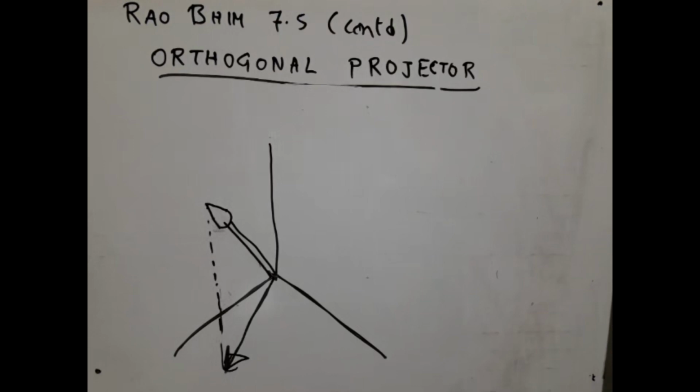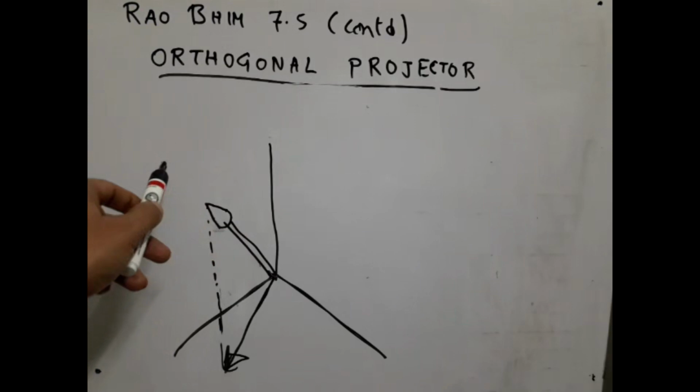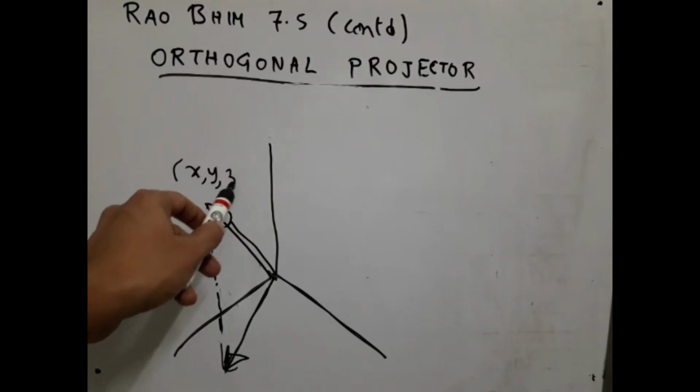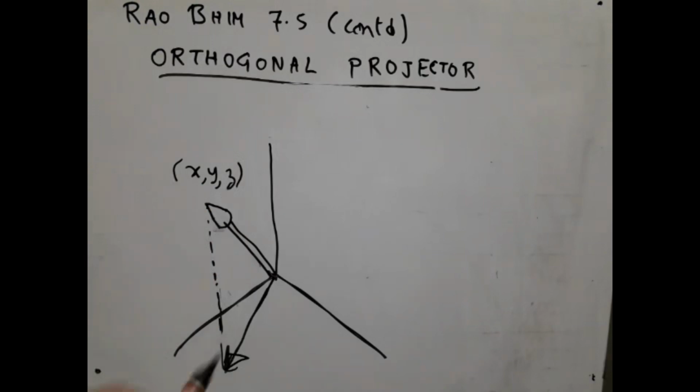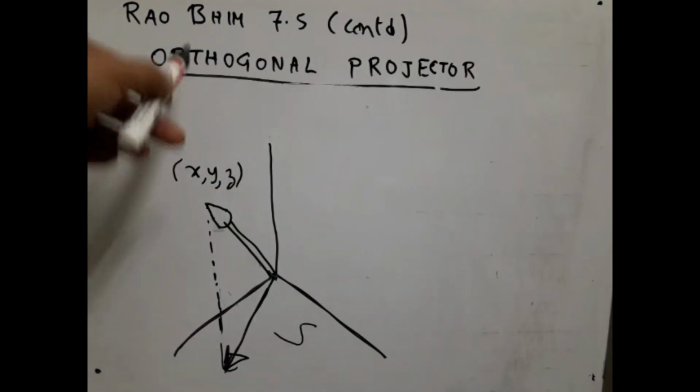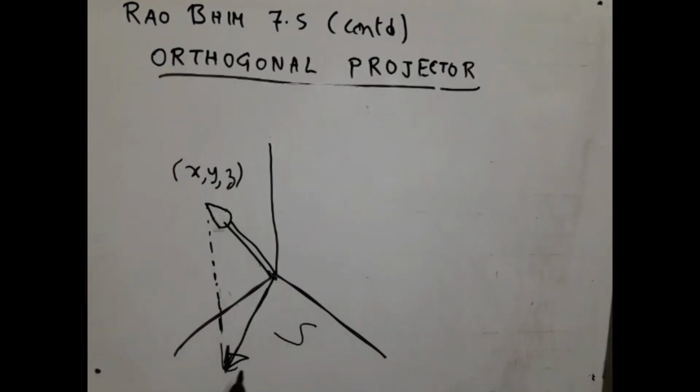Before going into theorems, it will help if we take an example. Suppose we are working in R3, with x-axis, y-axis and z-axis, and here is a vector V, which is x, y, z, any arbitrary vector in R3, and I consider as my S, my screen, the xy plane. Then the orthogonal projection of this is obviously given by x, y, 0.